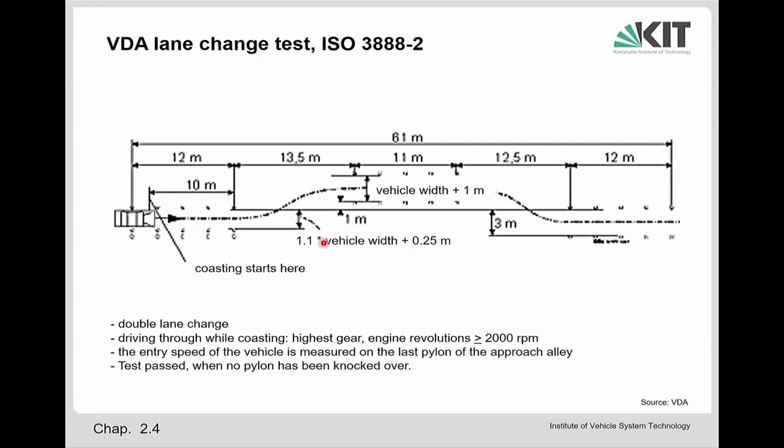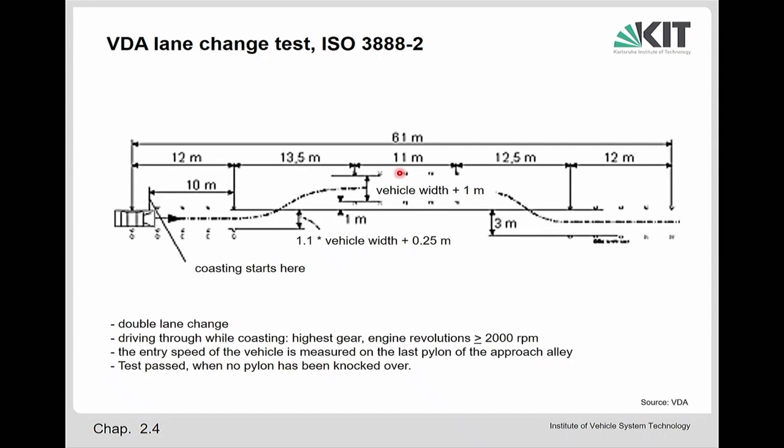And this has a certain width which is given here, so it depends on the width of the vehicle. So the vehicle is coming here with a certain speed, and then it should make a lane change to the left, and then after some meters, which is defined precisely, it goes back to the old lane where it was coming from. So this is called a double lane change.